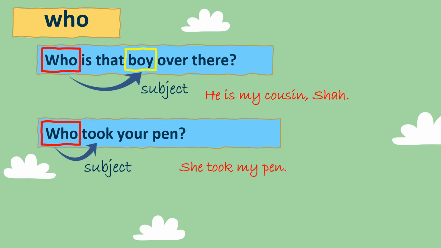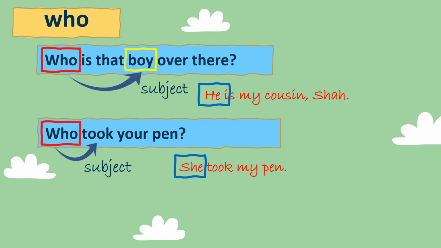And you can answer this question like this. She took my pen. So he and she are subject pronouns. That is why when you can answer a question using the subject pronoun, you need to use who in your question. Okay guys, get it so far?